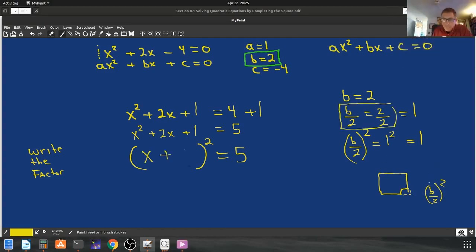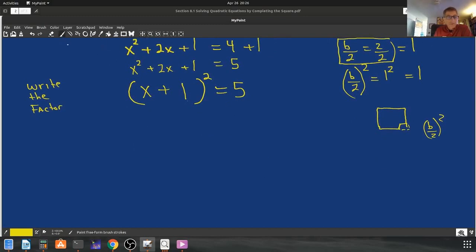So the end result is b halves squared, and we made that into a complete square. So what we add here is b halves times b halves. So I go up here and I have my b halves, which is 2 divided by 2, which is equal to 1. So I add 1 in there. So we have x plus 1 squared is equal to 5.